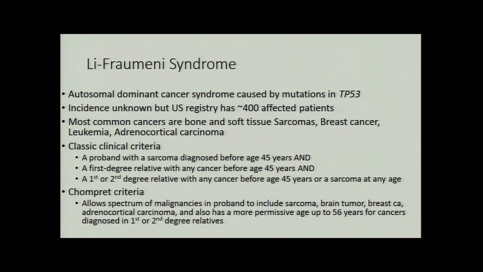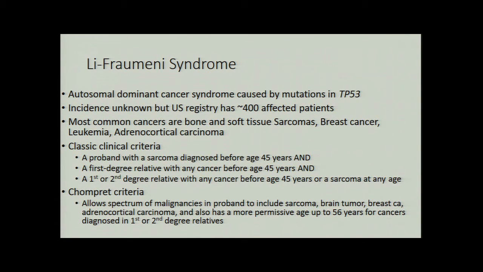This syndrome used to be called SBLA syndrome for these four most common types of cancers. The classic clinical criteria is a proband with a sarcoma diagnosed before the age of 45 years, and a first-degree relative with any cancer before the age of 45 years, and a first or second-degree relative with any cancer before the age of 45, or a sarcoma at any age.